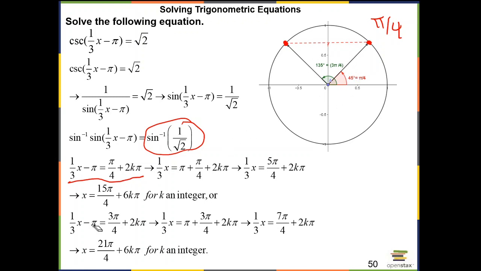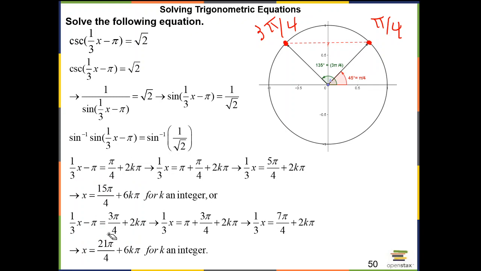That's one equation. And we write another one with 3 pi over 4. So we say 1/3 x minus pi is 3 pi over 4 plus 2k pi. But we are not done, because we were not looking for solutions for 1/3 x minus pi, but for solutions for x.